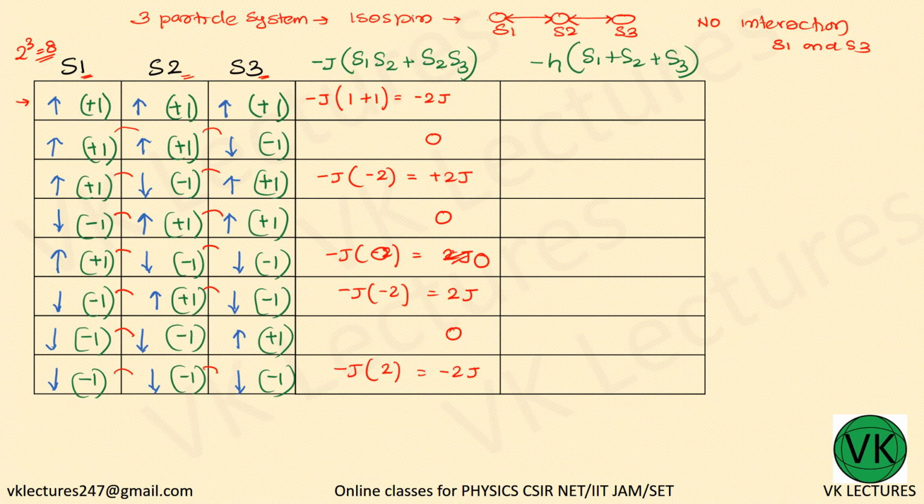Continuing with the interaction with the magnetic field, minus H into S1 plus S2 plus S3, so plus 1 and plus 1, that is minus H into 3.